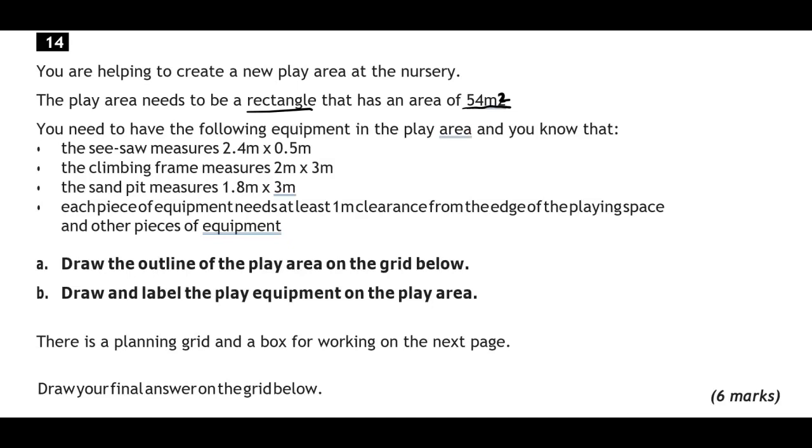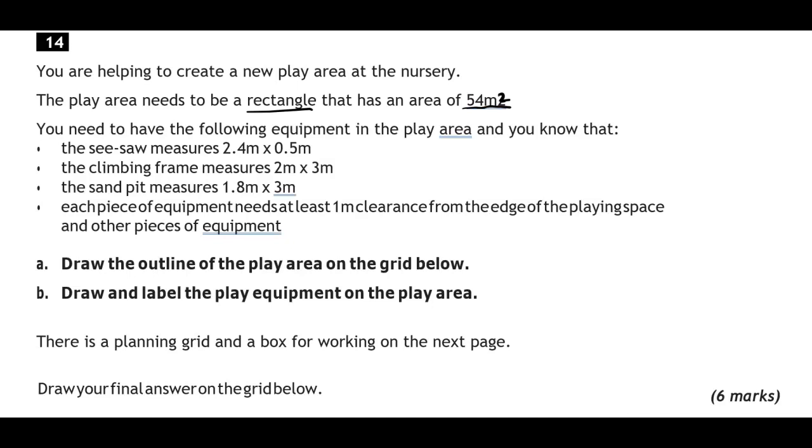The seesaw measures 2.4 meters by 0.5 meters. The climbing frame measures 2 meters by 3 meters. The sandpit measures 1.8 meters by 3 meters. Each piece of equipment needs at least 1 meter clearance from the edge of the playing space and other pieces of equipment. Draw the outline of the play area on the grid below.